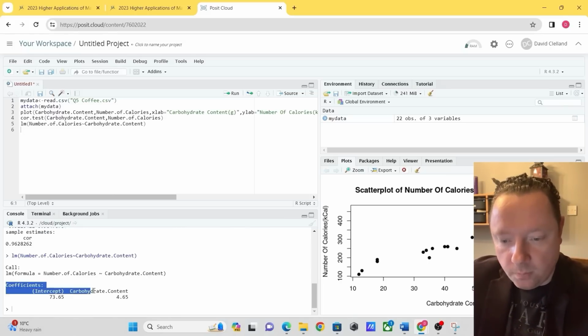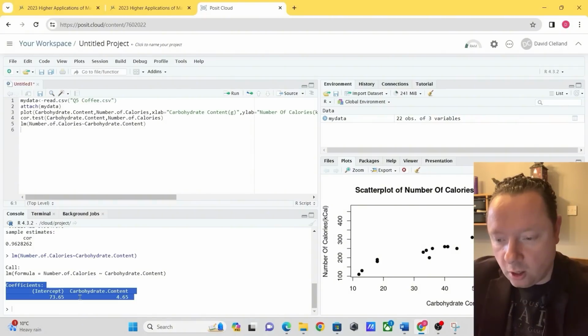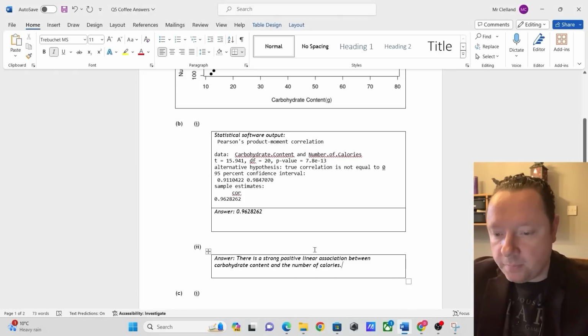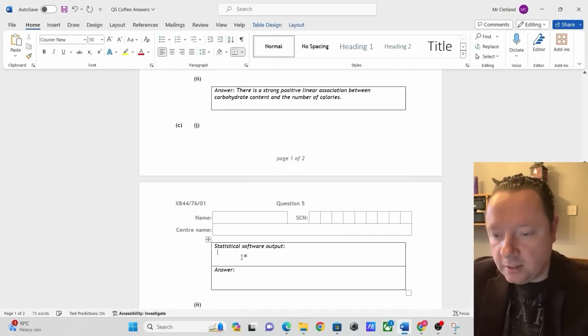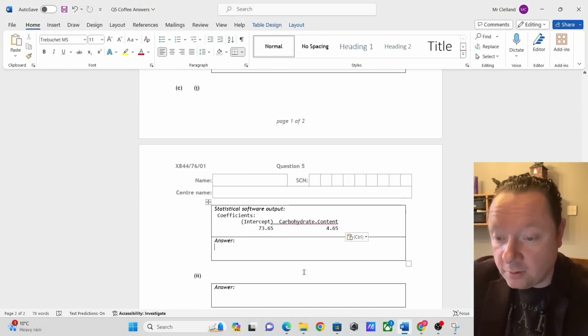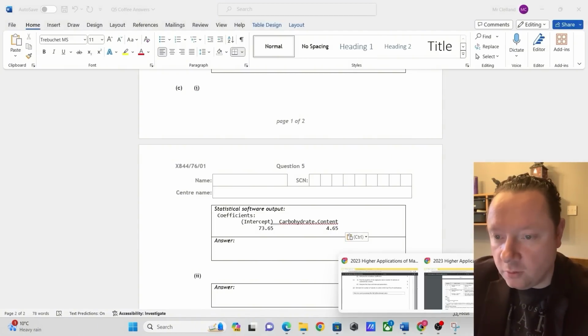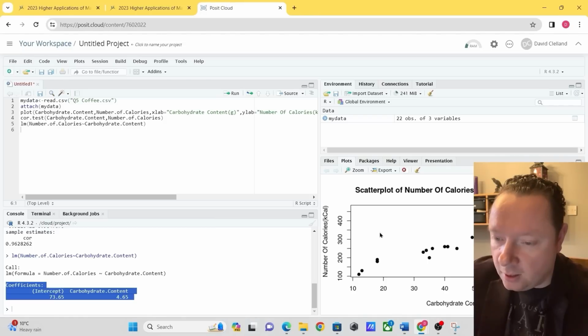an output. Let's just copy that over to our answer sheet. So there's the output. That gives us the equation quite easily. Because if you go back to, let's go to RStudio for a moment. Number of calories is up beside and carbohydrate content's on the bottom.